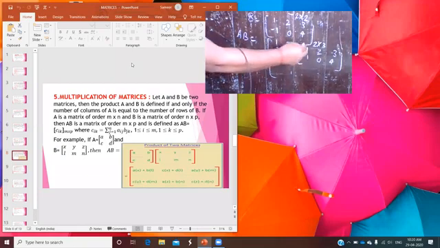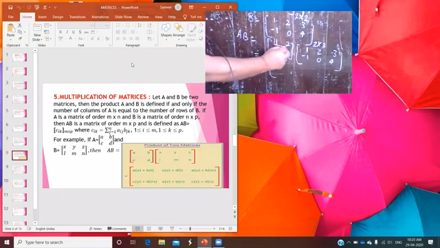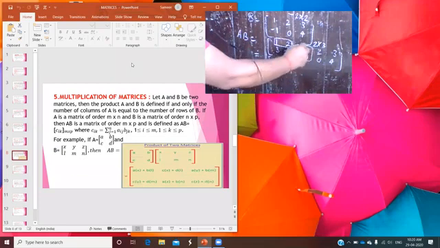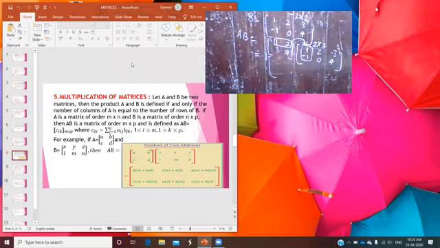row and first column. Just see here, the elements of the first row, and here you have the elements of the first column. First row, first column. Just see the figure. You have to take the sum of the products of the corresponding elements.